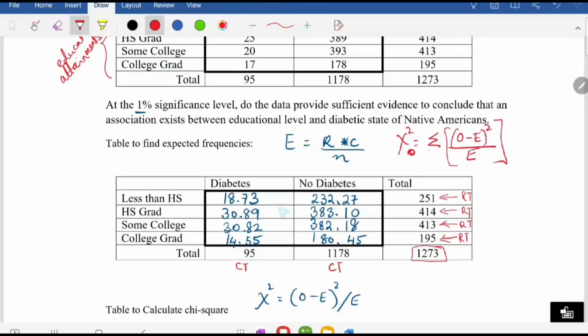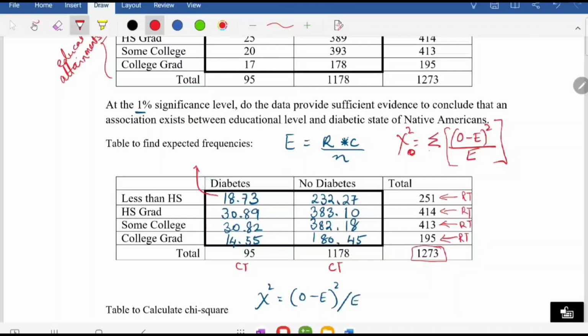So we have to calculate our E values by taking the row total, multiplying it by the column total, and dividing it by 1273. To come up with this 18.73 value, this is what was done.